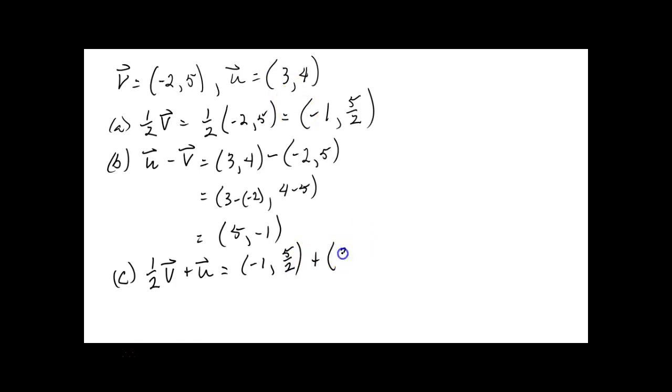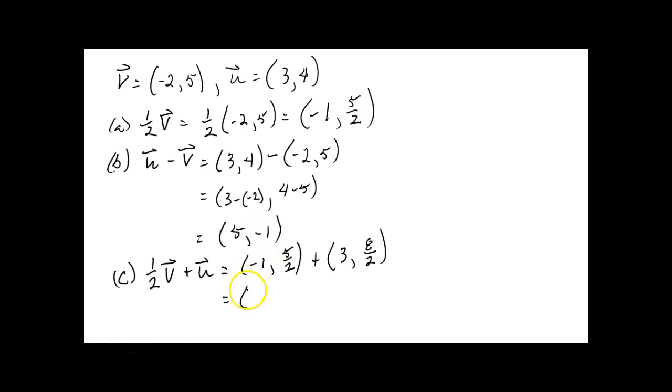Well, u is 3, 4, right? Yes. Okay? But because the second component in 1/2 v is in halves, I want to write 4 as 8/2. Is that okay? Okay, so let's just do that. 8/2. That's still 4, right? So I haven't changed anything. And now again, you add components.